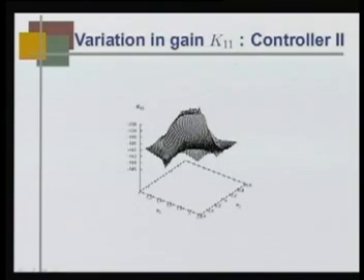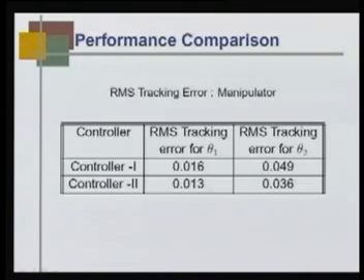So, the variation in gain k11 for controller 2, you see how it is varying over a range. In the performance comparison, for controller 1 the RMS error is 0.016 and 0.049, and for controller 2 it is 0.013 and 0.036. The performance has been improved.